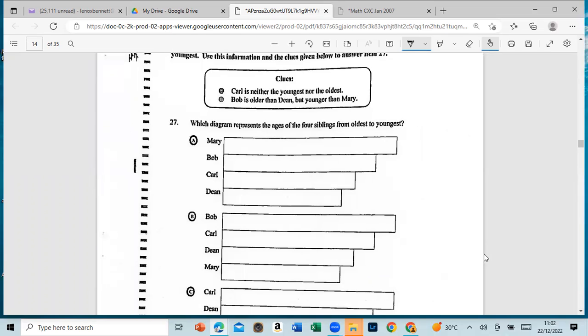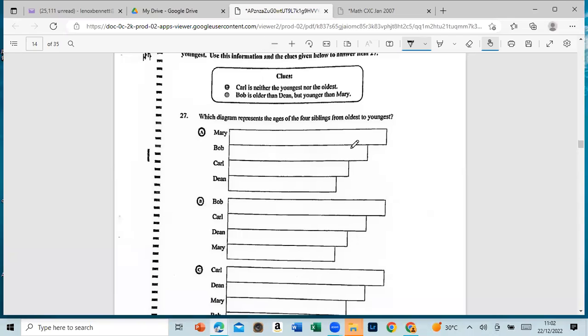Explain how you got A for me now, please. It says that Carl is neither the youngest nor the oldest, so he's between the youngest and the oldest. So you use that as your clue. All right. What now? Says Bob is older than Dean.